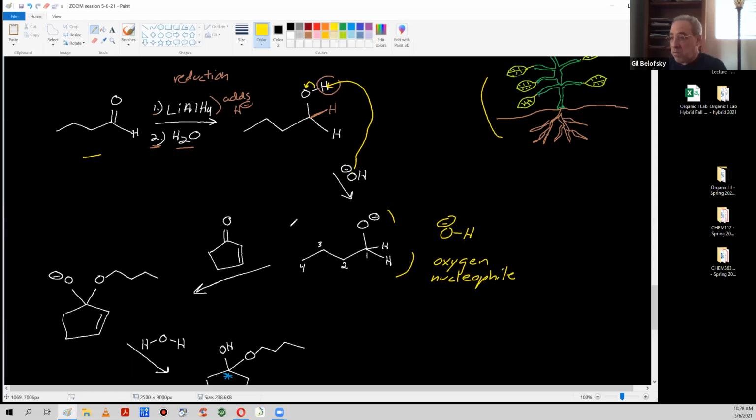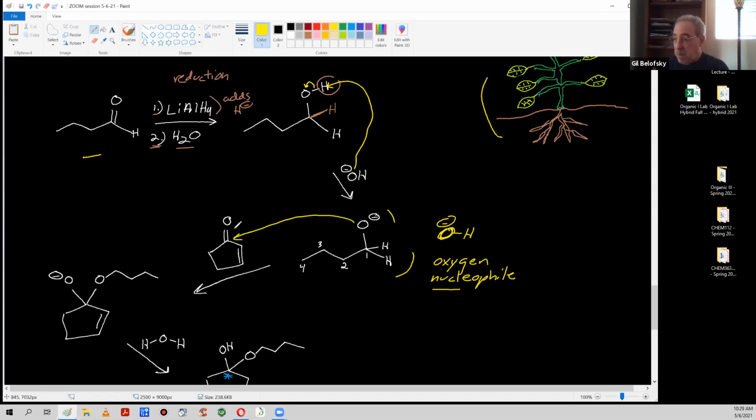So in these first steps, I took an aldehyde and made an oxygen nucleophile out of it. And I say it behaves very much like the OH did above in the two examples I showed. Not very much like it. It behaves exactly like it.